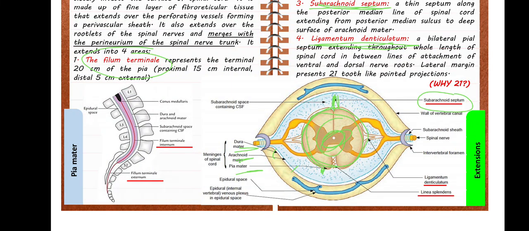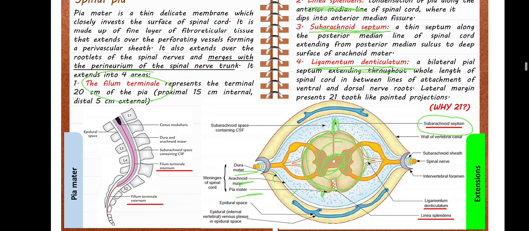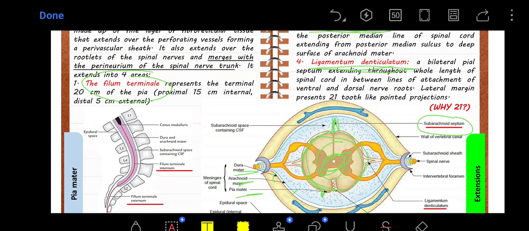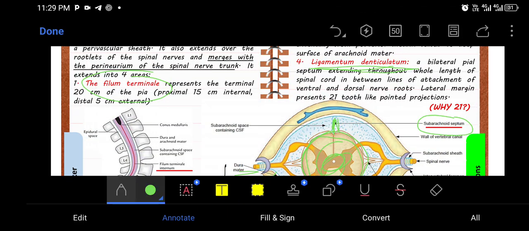Now, it also extends over the rootlet of the spinal nerves and merges with the perineurium of the spinal nerve trunk.